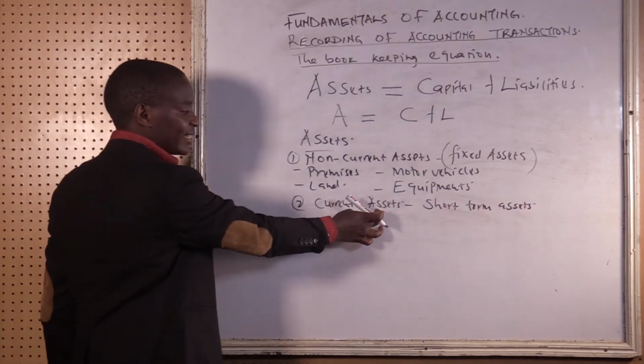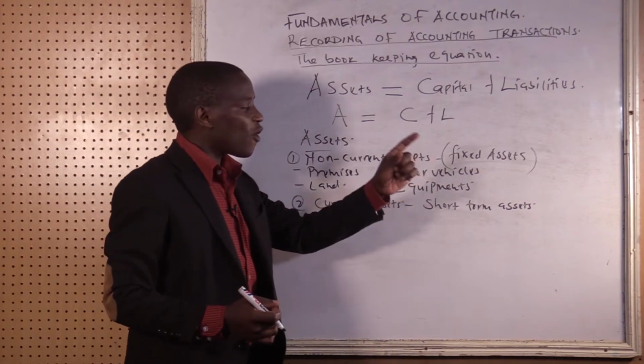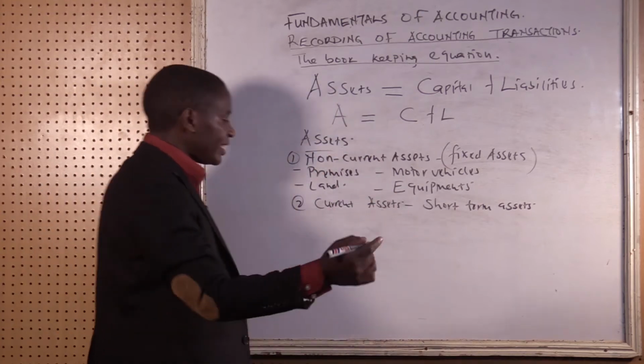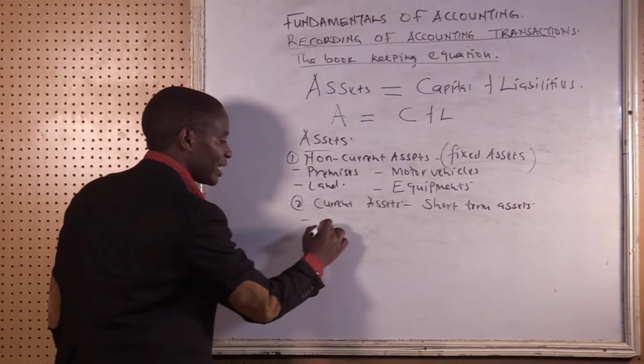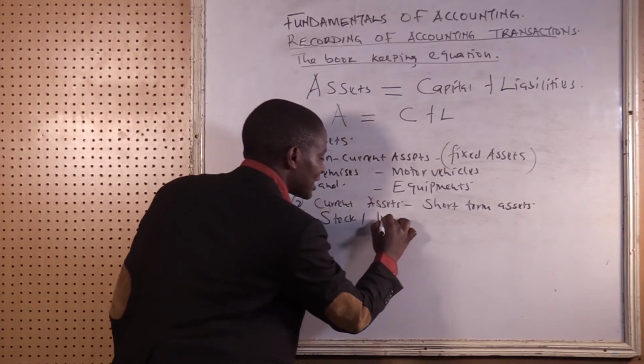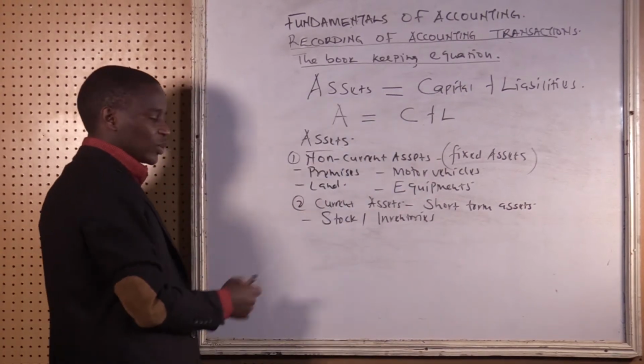These are assets that are expected to last in a business for a period not more than 1 year. These assets include things like stock, also referred to as inventories.